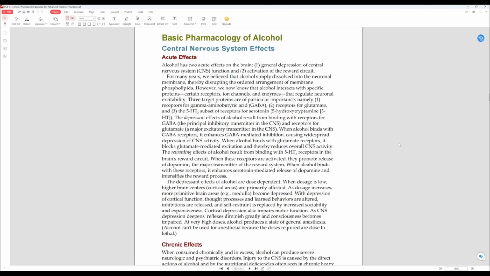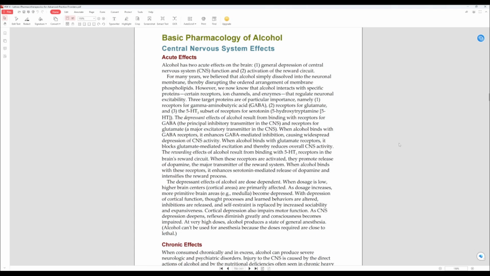The depressant effect of alcohol results from binding with receptors for GABA and receptors for glutamate. When alcohol binds with GABA receptors, it enhances GABA-mediated inhibition, causing a widespread depression of CNS activity. When alcohol binds with glutamate receptors, it blocks glutamate-mediated excitation and therefore reduces the overall CNS activity.